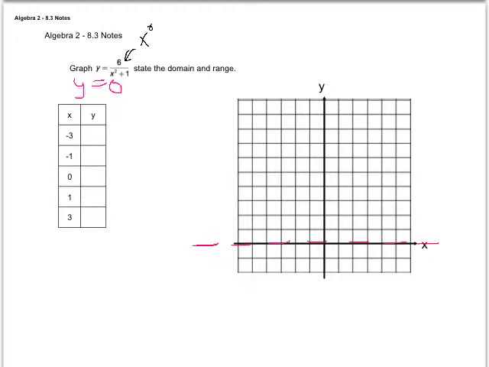And so then what we're going to do is look at this guy by plugging in some different points. Okay? So we'll take that -3 and plug it in for x.